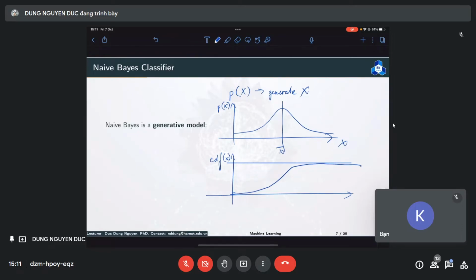Given that, you can randomly generate a uniform distribution in this direction, and for each value here, you can easily get the X here.